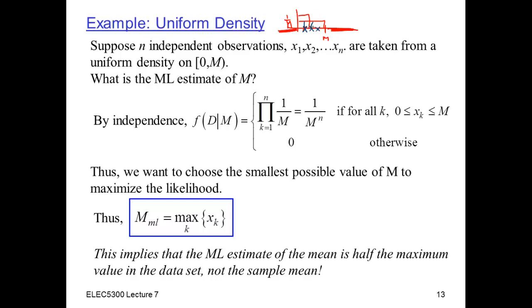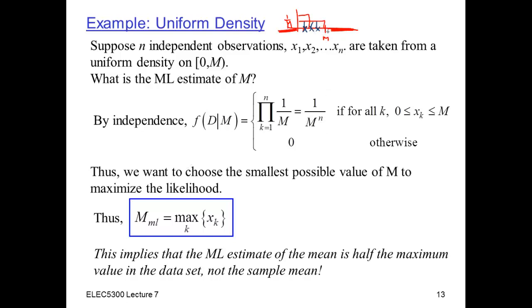All of these data points have the same height, so it's all 1 over m, and if I have n data points, then I just have 1 over m times itself n times, or 1 over m to the nth power. And again, I have to have all the data points in between here, so I can't assume that m is smaller than the largest data point. So what we want to choose is the smallest possible value of m in order to maximize the likelihood, because the smaller the value of m, the larger 1 over m to the n is.